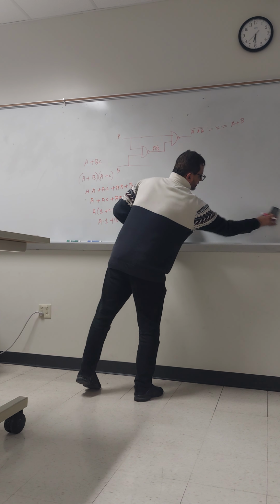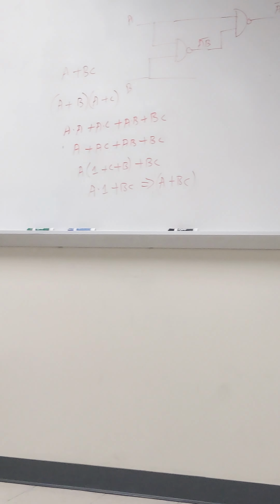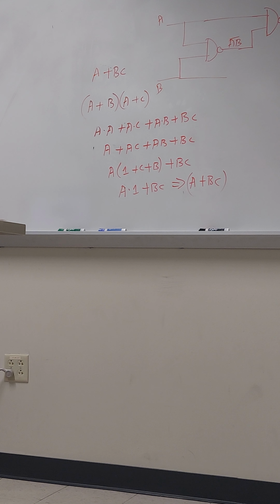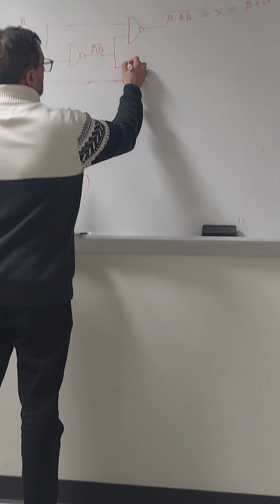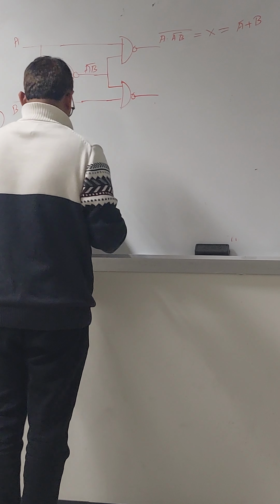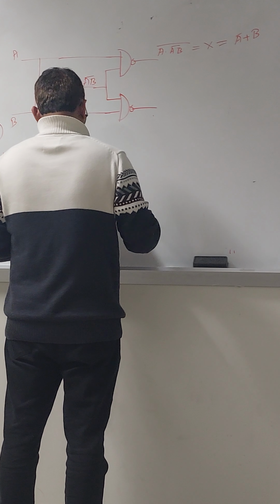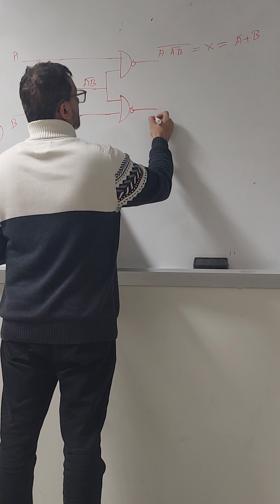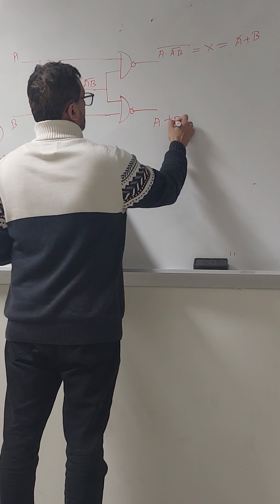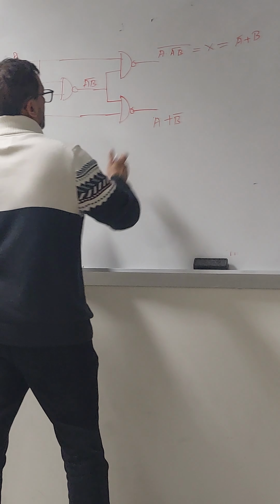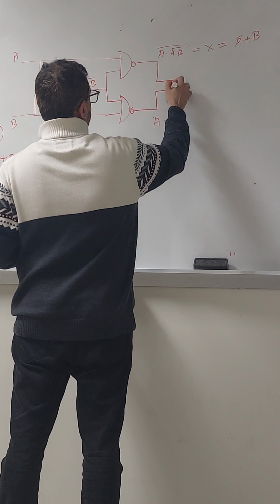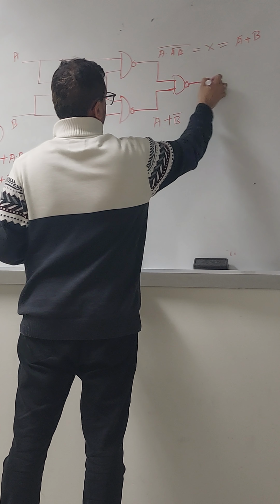Similarly, we have the same expression for this one. Here it will be A plus B bar. So these two are given to the final NAND gate, right?